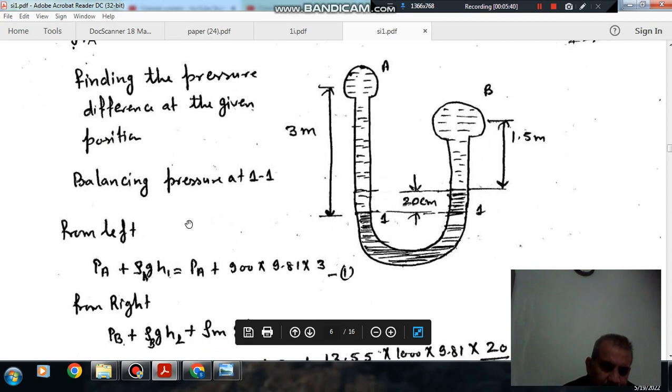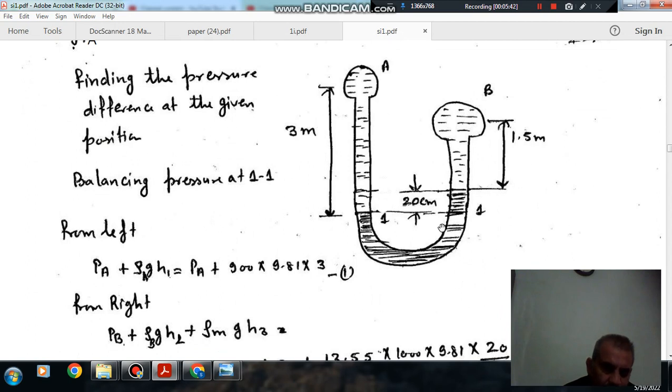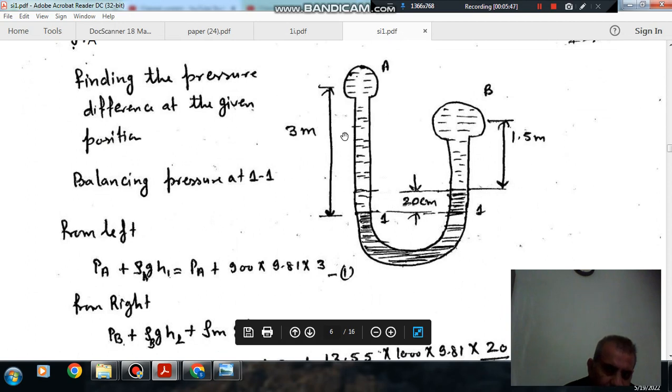So balancing pressure at the same level on both sides. PA is the pressure here, plus rho A g H1, where rho A is the density of this fluid, and H1 is 3 meters.